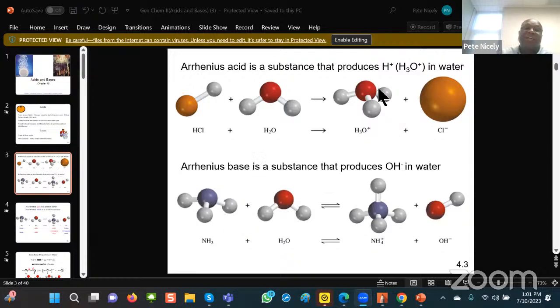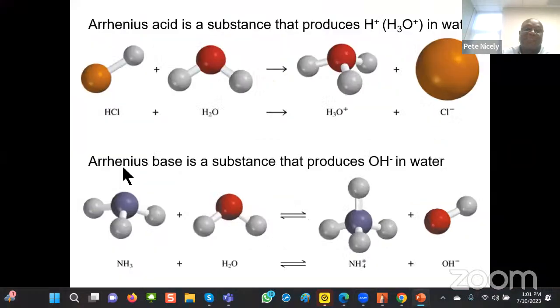All right, so I talked about the Arrhenius definition of an acid just now, and this here is the definition of a base according to Arrhenius. He says that a base is a substance which produces hydroxide ion when dissolved in water, and an example of this would be ammonia, right?